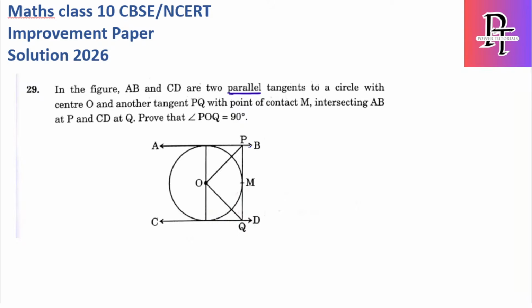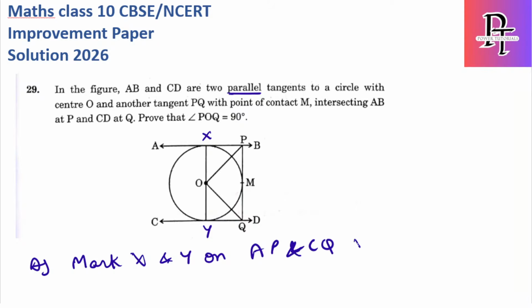Okay, so for this what we have to do is first write, okay, so if you notice here I will just mark X and Y. So I will mark X and Y on AP and CQ respectively as in figure.